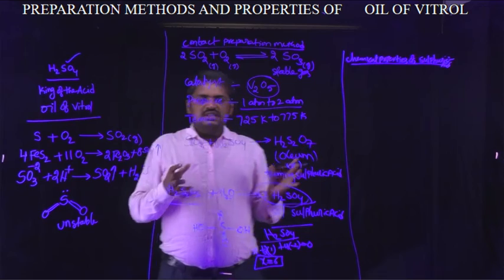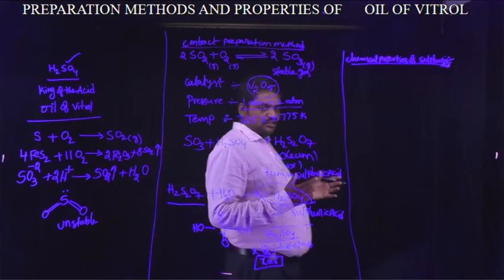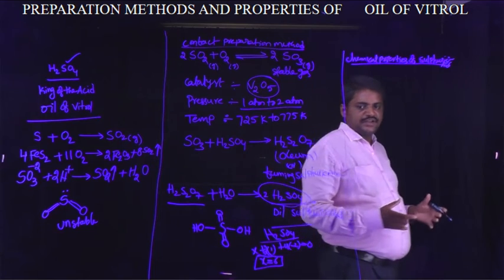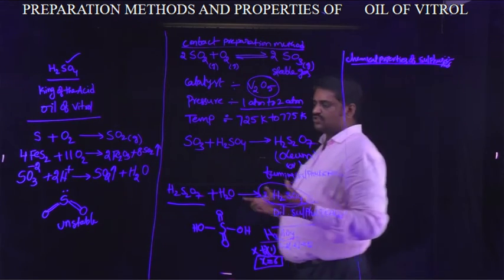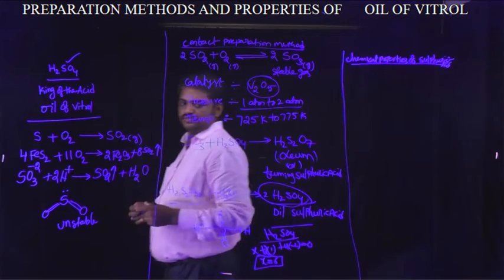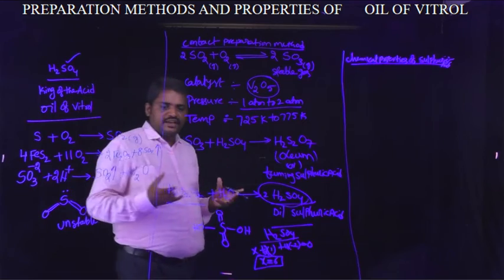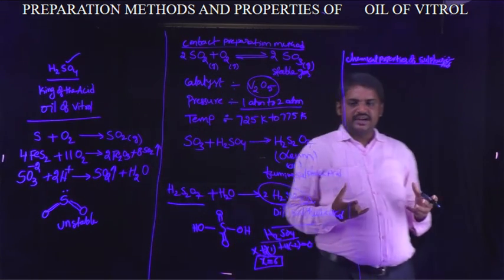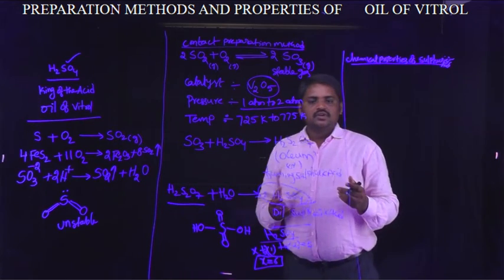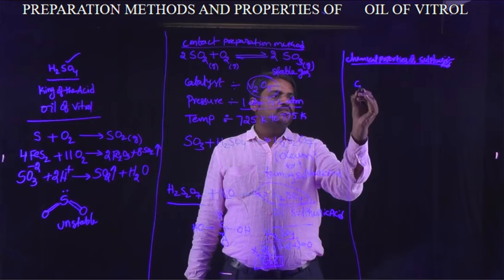Concentrated sulfuric acid reacts with carbohydrates to produce charcoal. Carbohydrates are molecules containing carbon, hydrogen and oxygen. For example, glucose is a carbohydrate molecule, a monosaccharide.